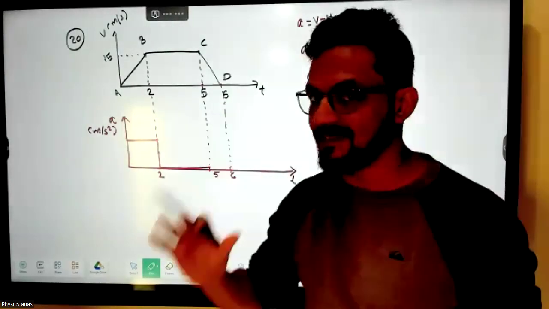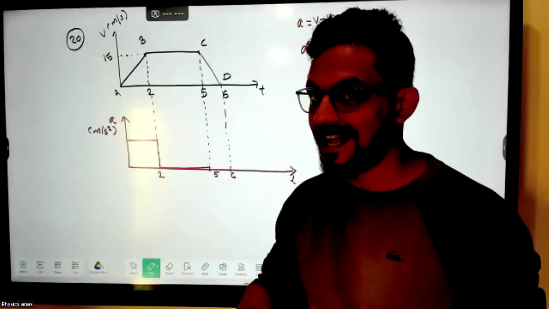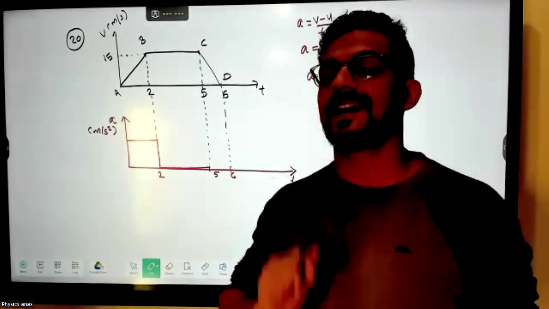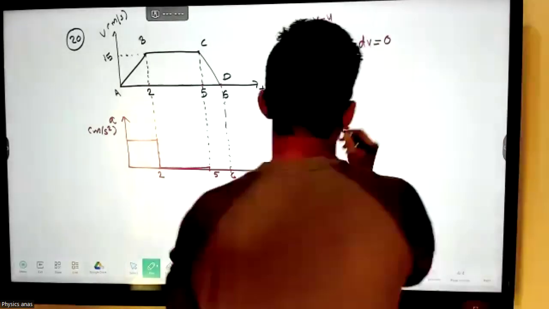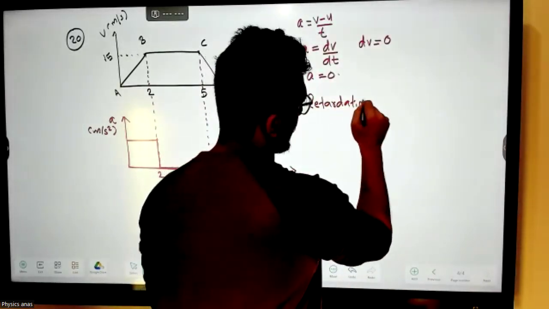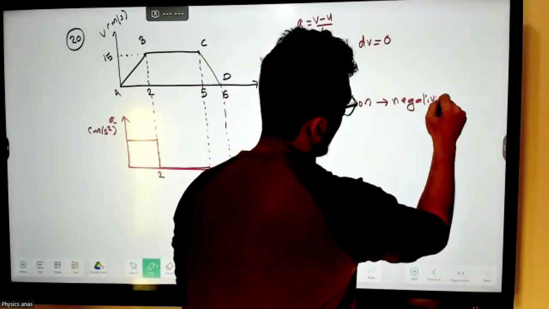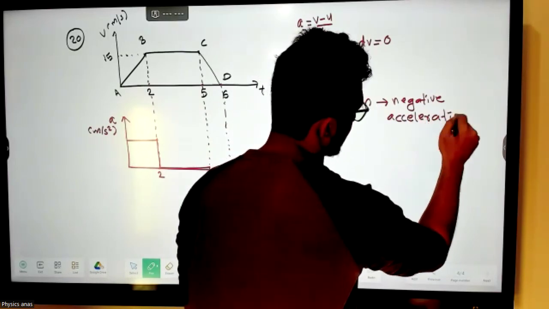If it has a negative slope, what is the meaning? Yeah, acceleration is negative. What is retardation? Retardation is negative acceleration.